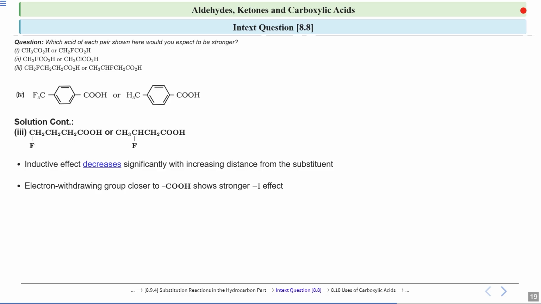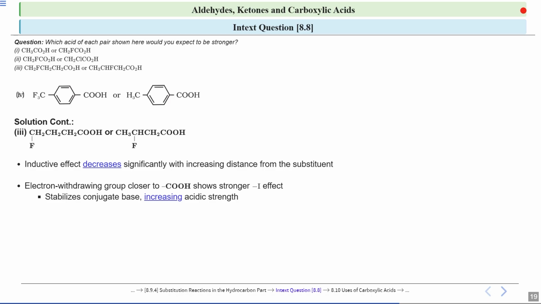So if we see further, when an electron withdrawing group such as fluorine is closer to the carboxylic acid group, which is COOH, it has a stronger negative inductive effect, which is the -I effect. This means it pulls electrons away more effectively, which stabilizes the conjugate base, which is formed after the acid donates a proton.